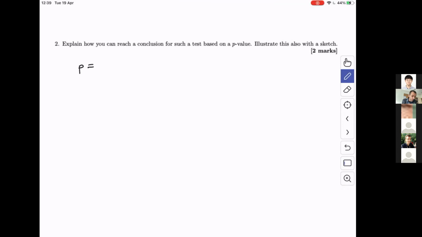The p-value is the probability of data at least as extreme as the given data, given that the null hypothesis is true.